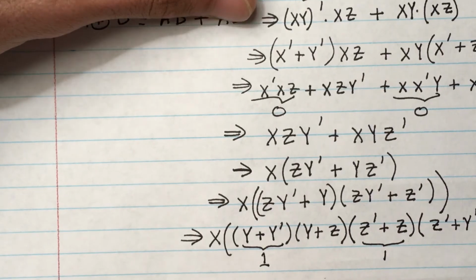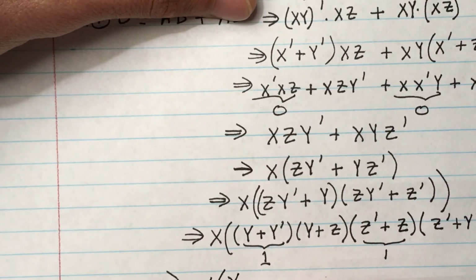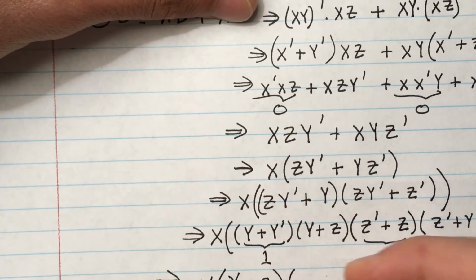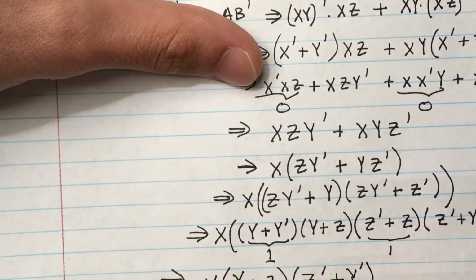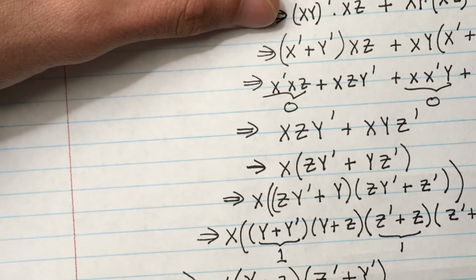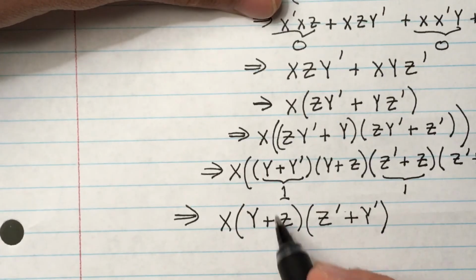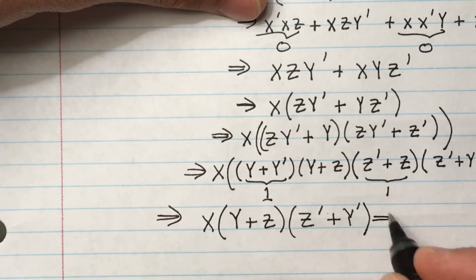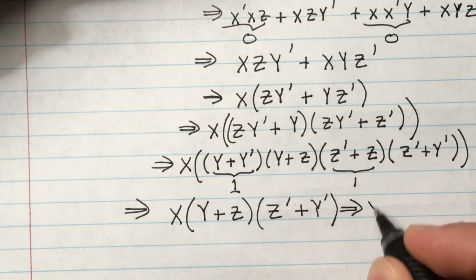Okay, so then if you just rewrite what we have left, we have x, and then y plus z, and then z prime plus y prime. Okay, we could go ahead and distribute these, FOIL it, and then you would have, see, we have x outside.